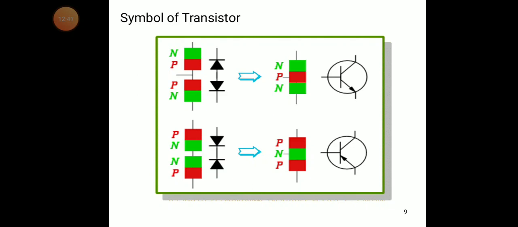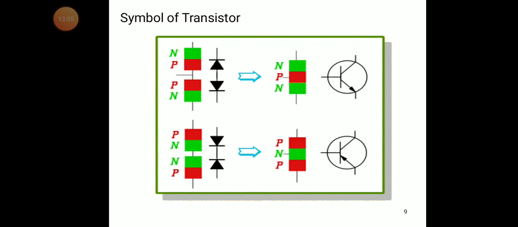The arrow symbol we are giving is also important. Conventional current always flows from P to N. That's why the arrow is from the P. You can see in the middle, P to N, and it indicates the emitter terminal.